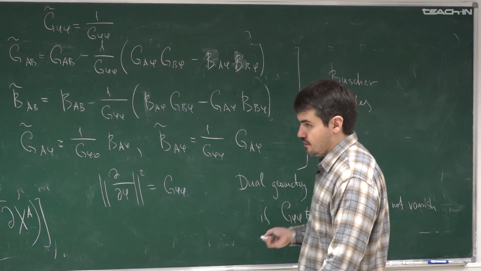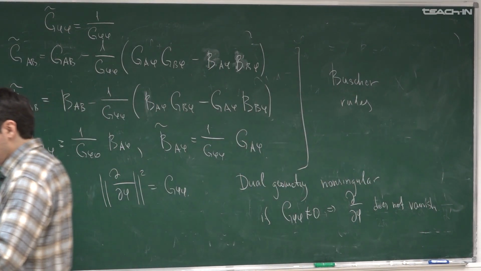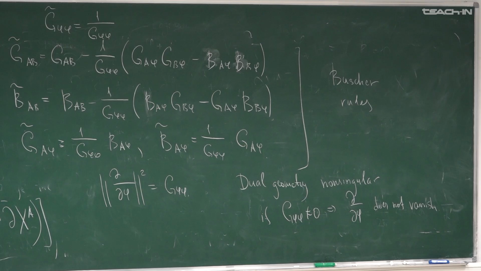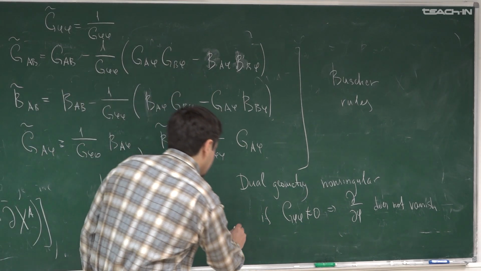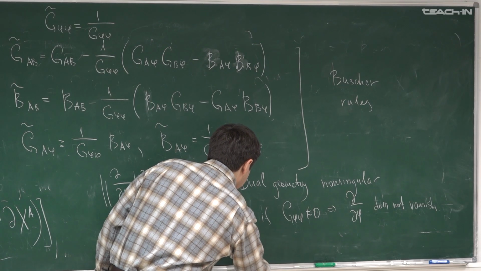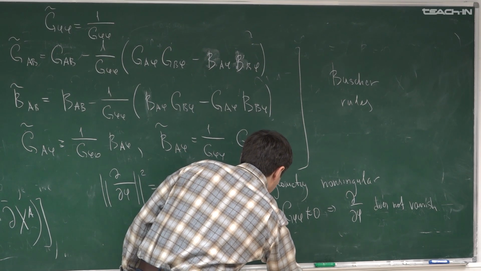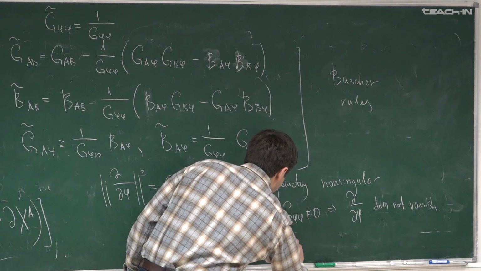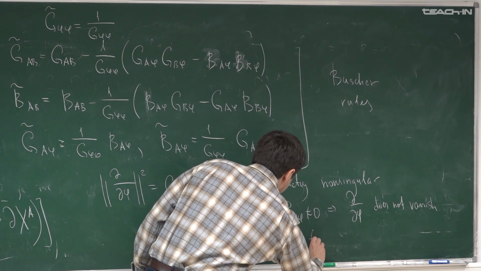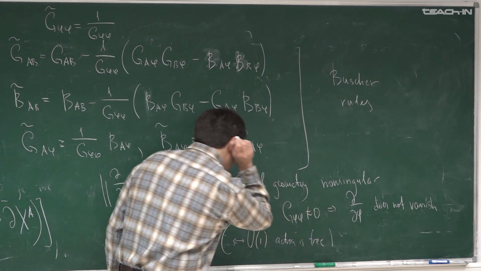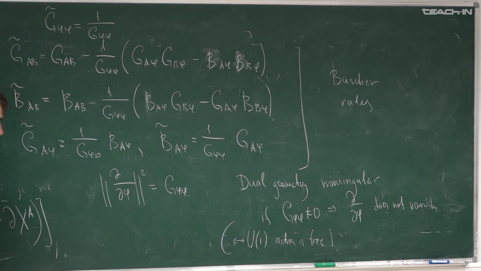So that effectively means that the U1 action is free. If the U1 action has some fixed points, then those fixed points will become singularities of the dual geometry.